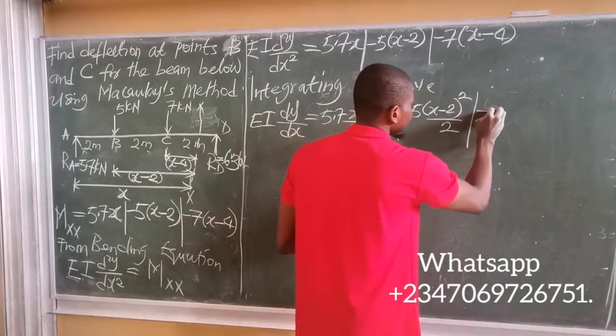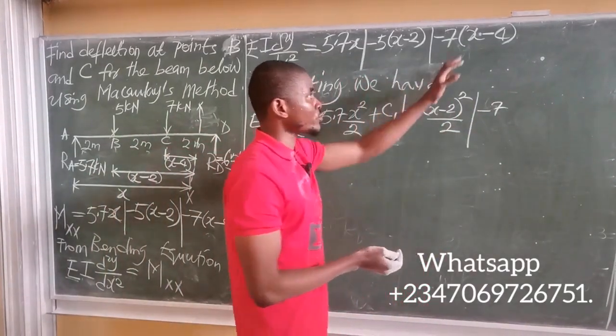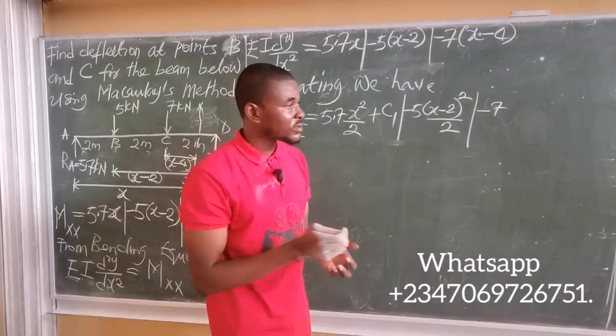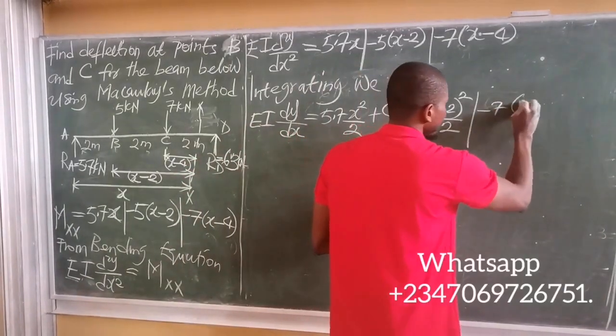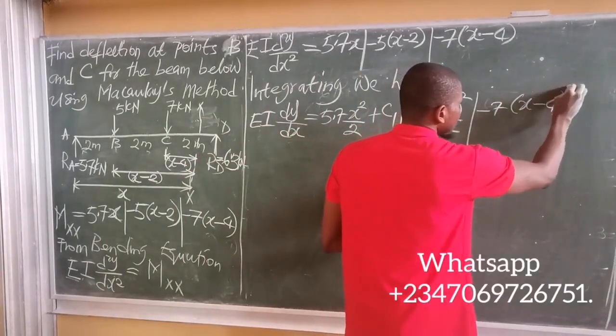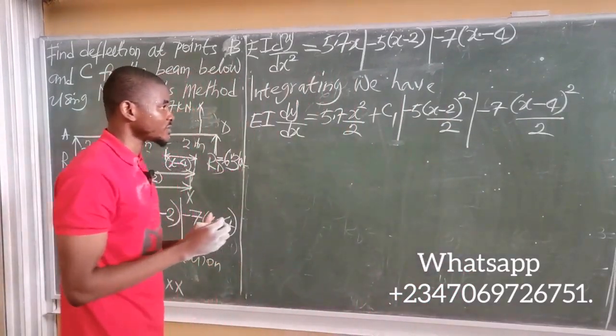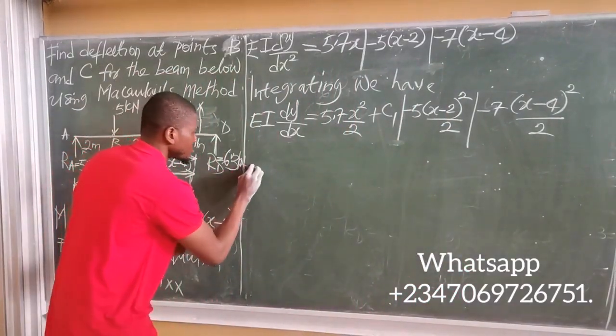This is minus 7. Same thing here, I have x minus 4. So I will also integrate it as a single function. So it becomes x minus 4 all squared all over 2. So I have this for the first integration. Okay, so I can maybe rewrite this.